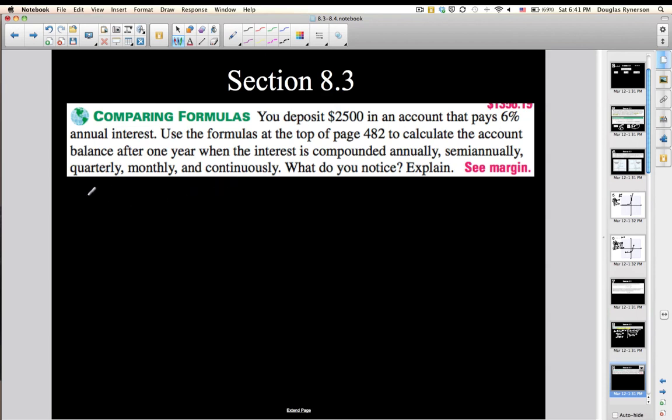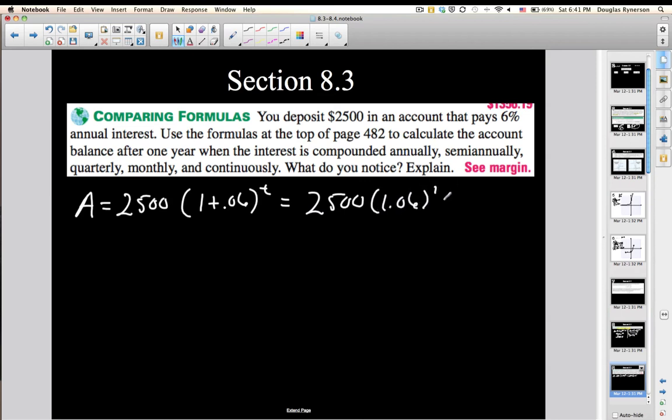Right? So first, if I want to calculate annual, I know that it'll be my principal, $2,500, times 1 plus my rate, which is 6%, 0.06, to the t power. And since we're only looking at 1 year, this would be 2,500 times 1.06 to the first power, which is equal to $2,650.